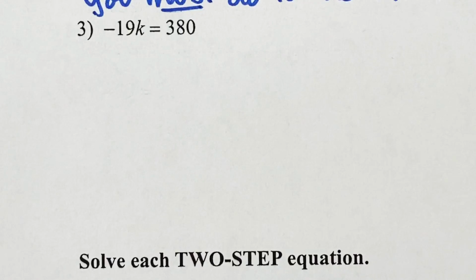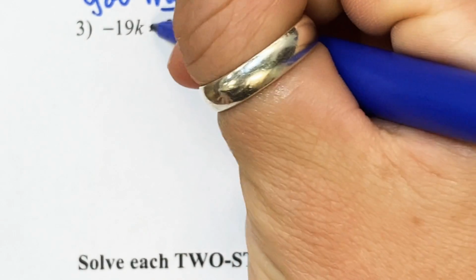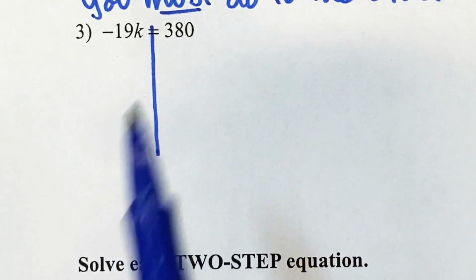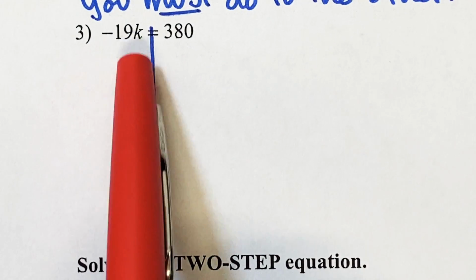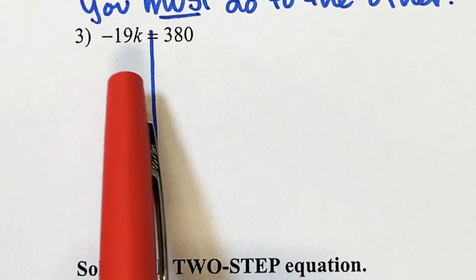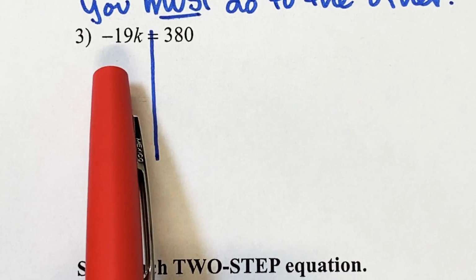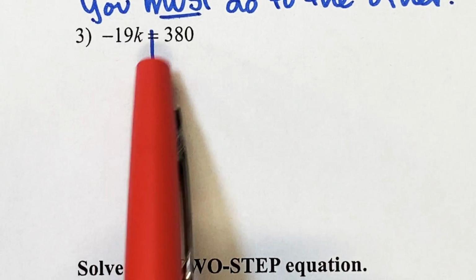Okay, number 3. Okay, so let's start it the exact same way. So we have our line down our equal sign, knowing that whatever we do to this side, we must do to the other. Okay, so this one might throw you for a loop. Don't let it. This is not subtract 19. Okay, notice that the k is right next to the 19.